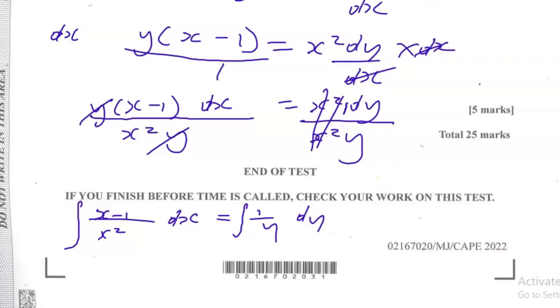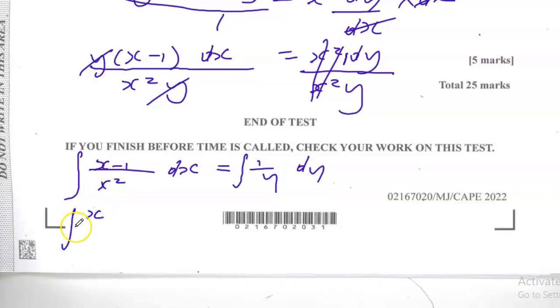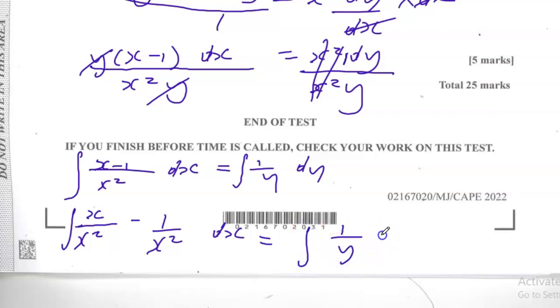Notice the left hand side, we can separate this. So this is x over x squared minus 1 over x squared dx equal to the integral of 1 over y dy.